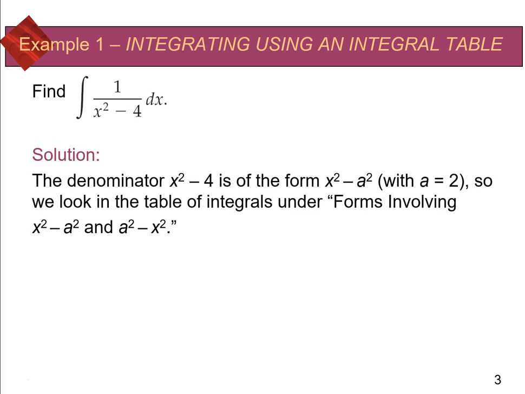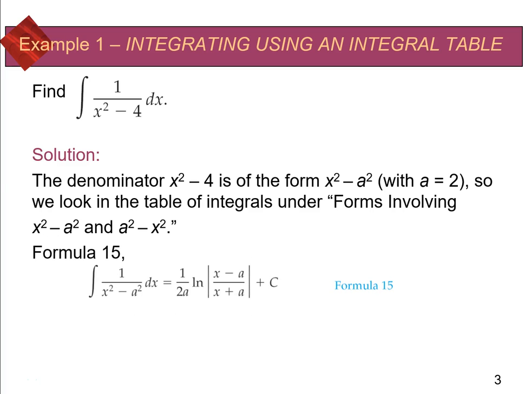The denominator x squared minus 4 is of the form x squared minus a squared with a equaling 2. So we look at the table for integrals under forms involving x squared minus a squared and a squared minus x squared. And they do have formula number 15, which fits into this category.